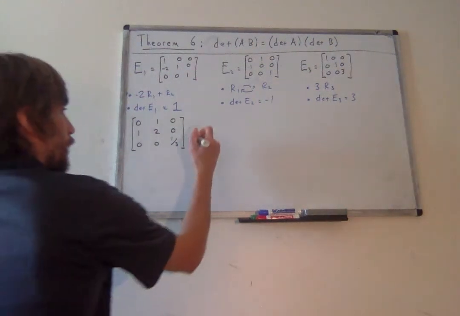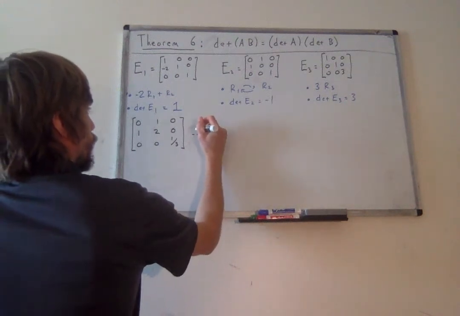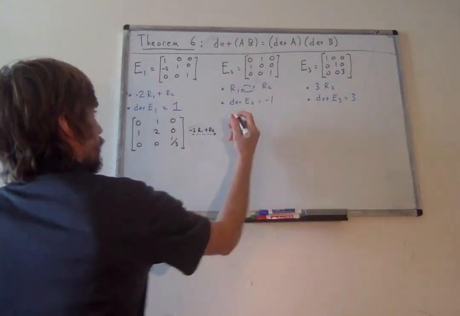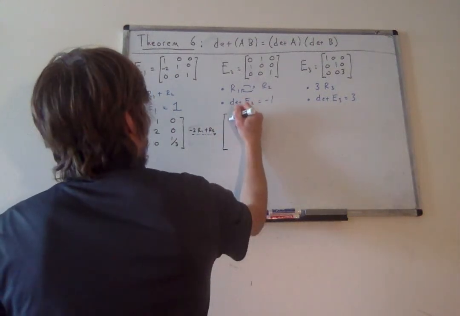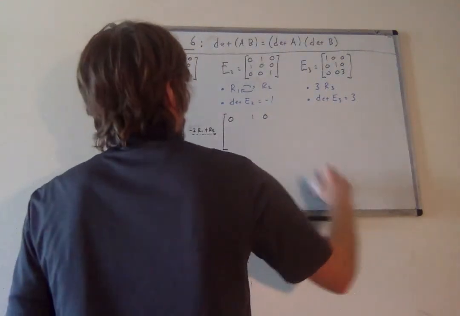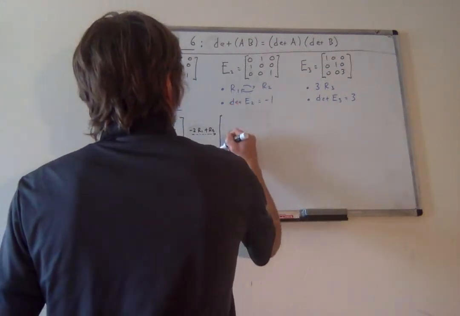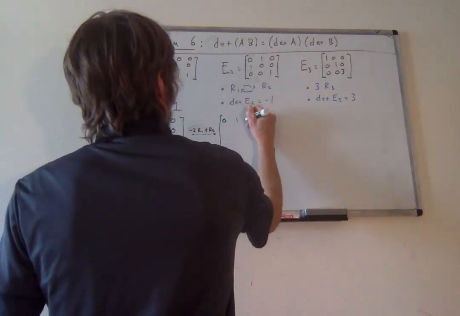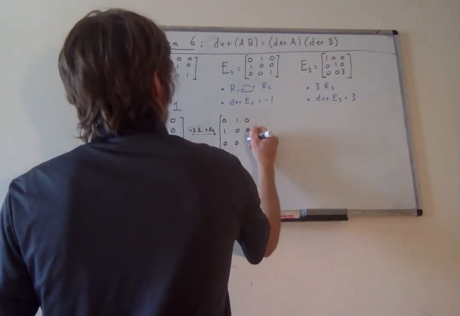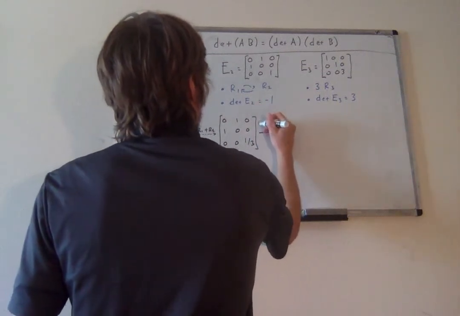So if I were to row reduce this matrix using these 3 row operations in order, I do -2 R1 plus R2. Then I'm going to swap row 1 and row 2.